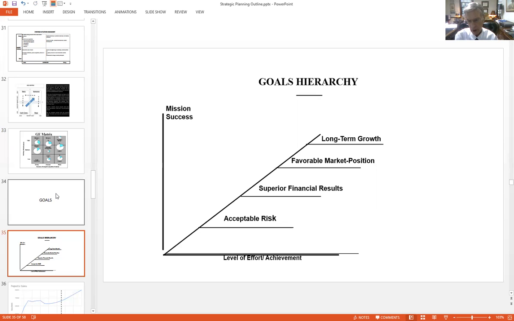So if your company is one of those that has high leverage, like those companies that we looked at earlier, to talk about long-term growth or even high market share is sort of silly. What you're going to look at is a more acceptable level of risk. You've got to get leverage down.